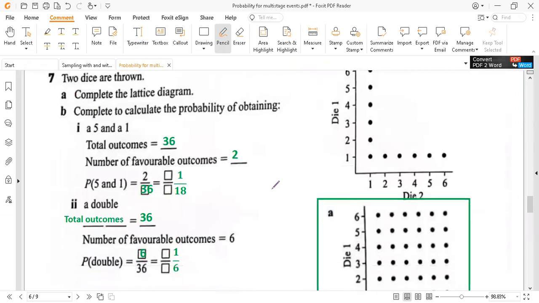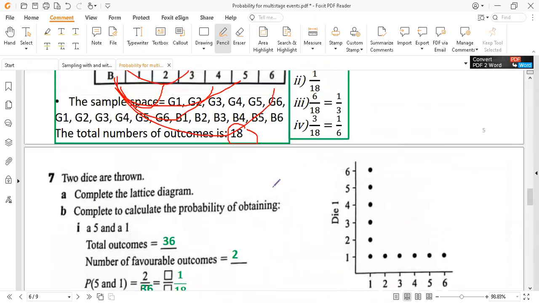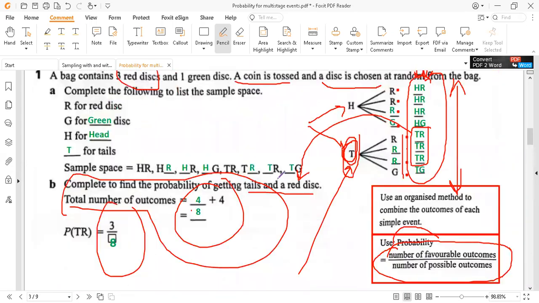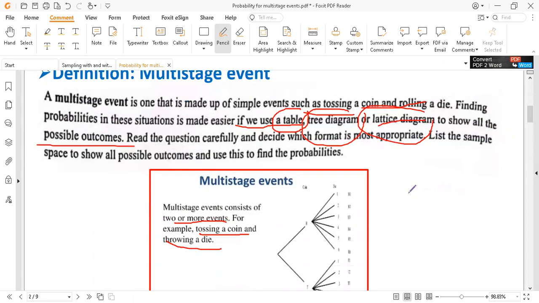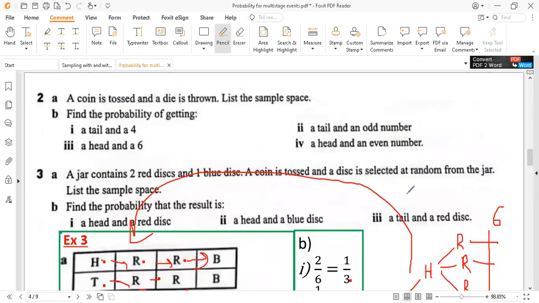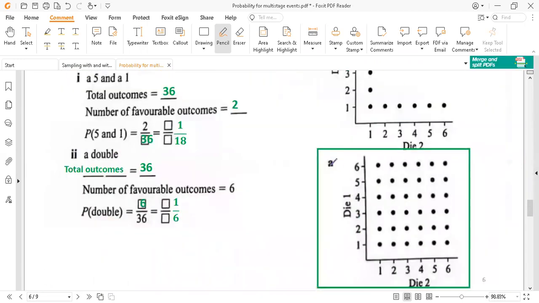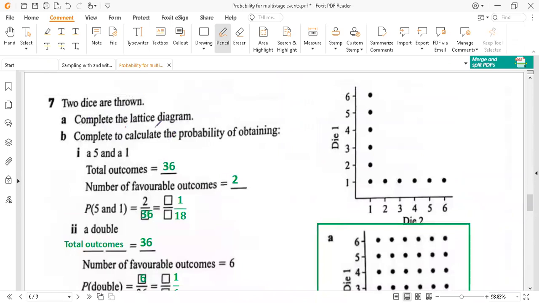Also, we can use what we said, the tree diagram, or differently said, a different notation: we can denote it by a lattice diagram. A lattice diagram is a very easy and well organized way to represent the outcomes of multi-stage events.